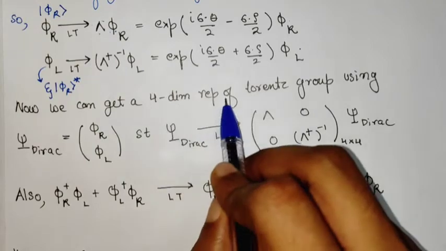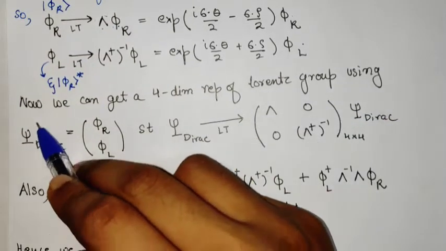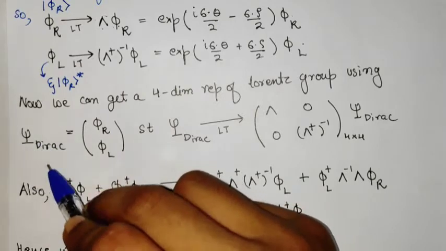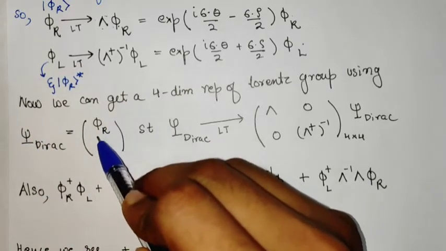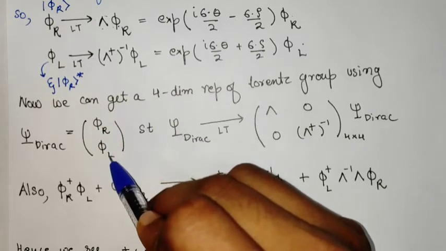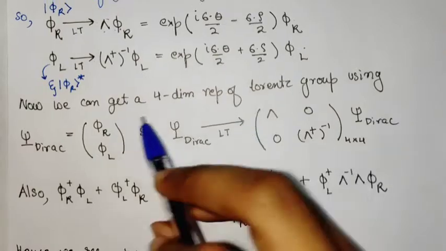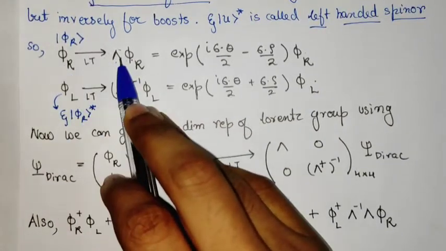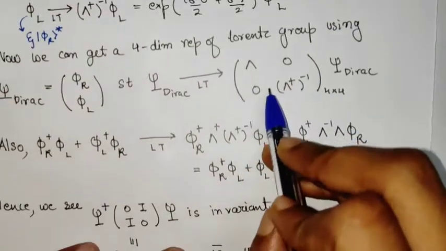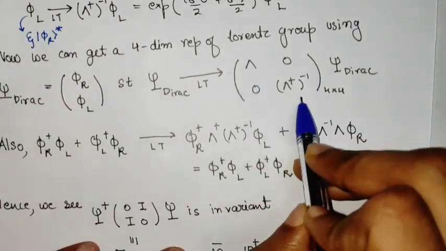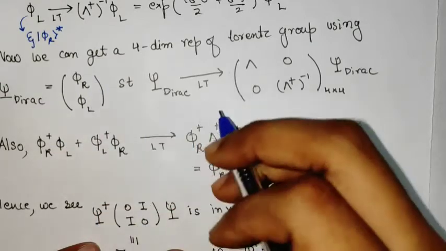We can get a 4-dimensional representation of the Lorentz group using a four component complex vector, which is of this form. It has the upper part as a right-handed spinor and the lower part as a left-handed spinor. And under Lorentz transformation, the right will transform like this, the left will transform like this. So that is nothing but this particular matrix, and this spinor is what we call the Dirac spinor.